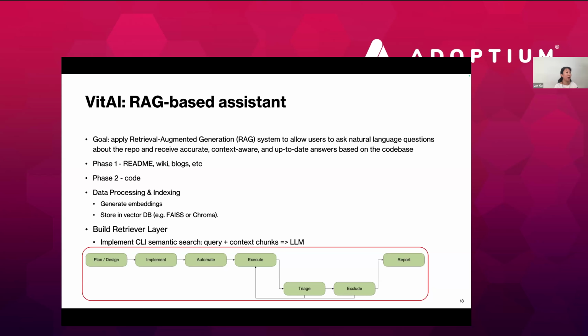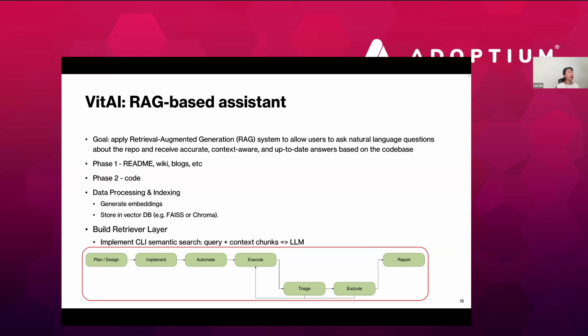And what this RAG, retrieval augmented generation system, will allow us to do is to extend that already powerful capability of LLM with specific domain knowledge without needing to retrain the model. This is really cost-effective for improving LLM output. So we separated this project into 2 phases. Phase 1 will focus on the documentation, and phase 2 will focus on the code.